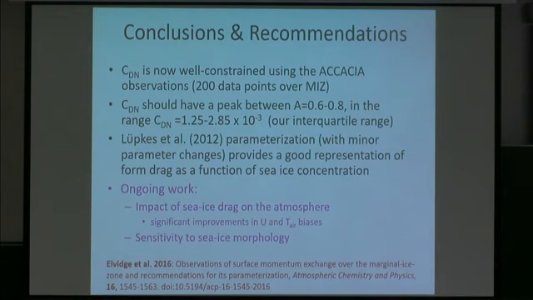You can read more about that in this ACP paper here. We're doing some ongoing work which is trying to quantify the impact of this on the atmosphere. Initial work suggests we find significant improvements in wind speed and air temperature biases. So thanks for your attention.